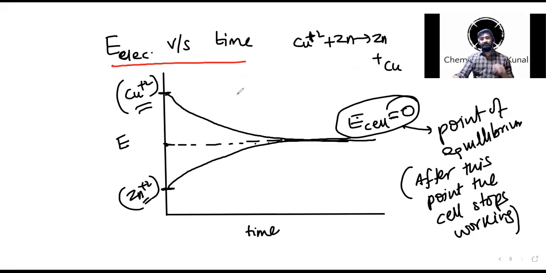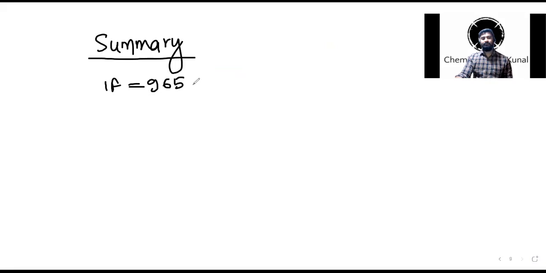So let's summarize the things we discussed. I know I told you a lot of formulas today, so let's summarize them in one place. So the summary would be: 1 Faraday is nothing but 96500 Coulomb, and this you have to understand is the charge of 1 mole of electrons.